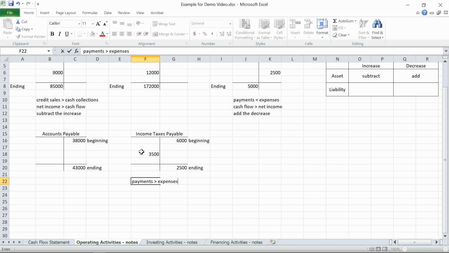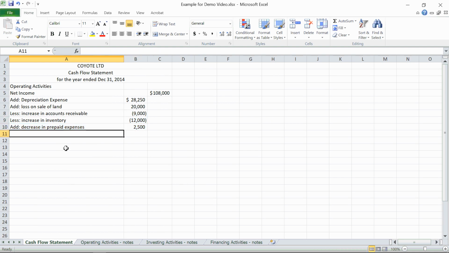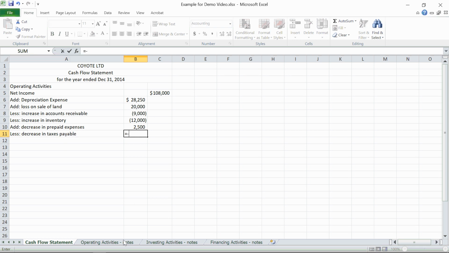Because when you pay your taxes, you would get debits, and when you expense your taxes, you would get credits in this account. So if your payments are larger than your expenses, then your cash flow would be less than your net income. And so you're going to subtract that decrease. So when you have a decrease in a liability, you subtract it. So I'll flip my sign to negative there.